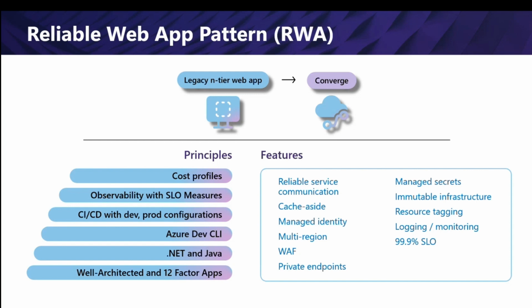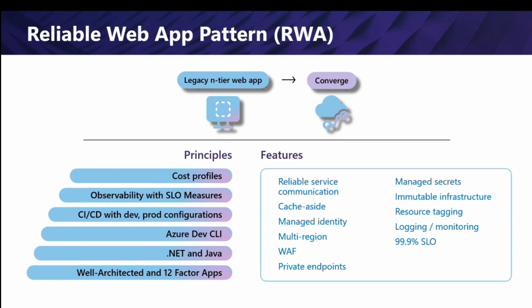Every single code base is different, so of course we have to review those. But if you have some of these very standard monolithic line of business applications that have web apps, perhaps an API backend as well as a SQL Server backend, this pattern will be very familiar to you.